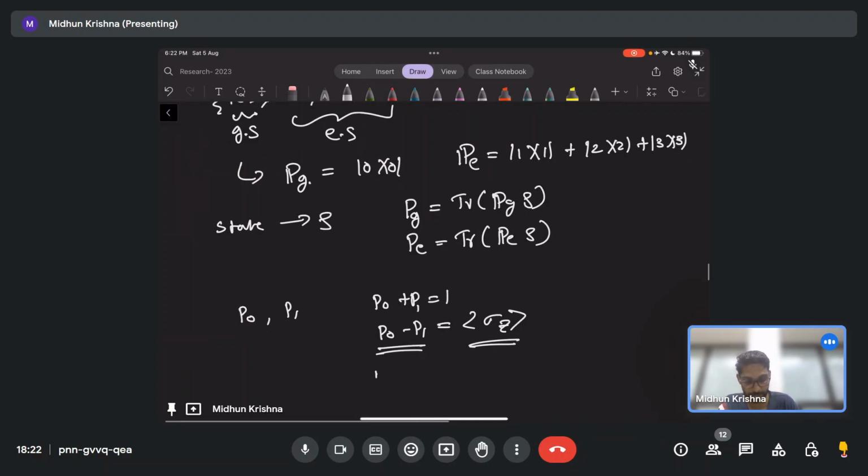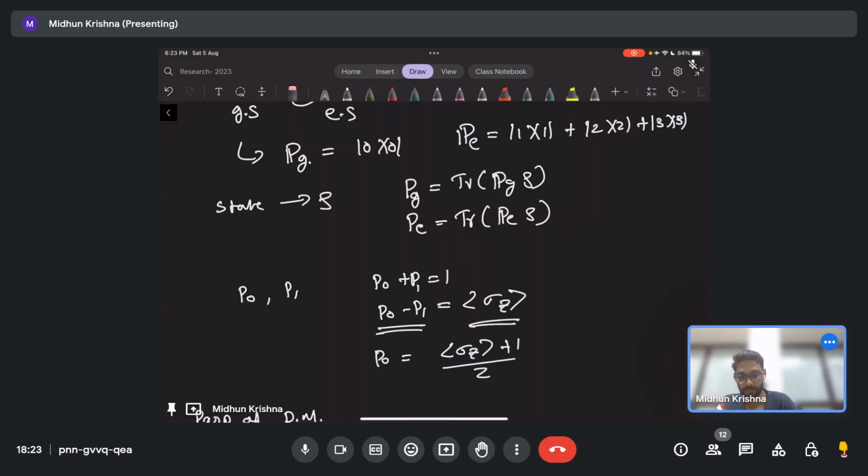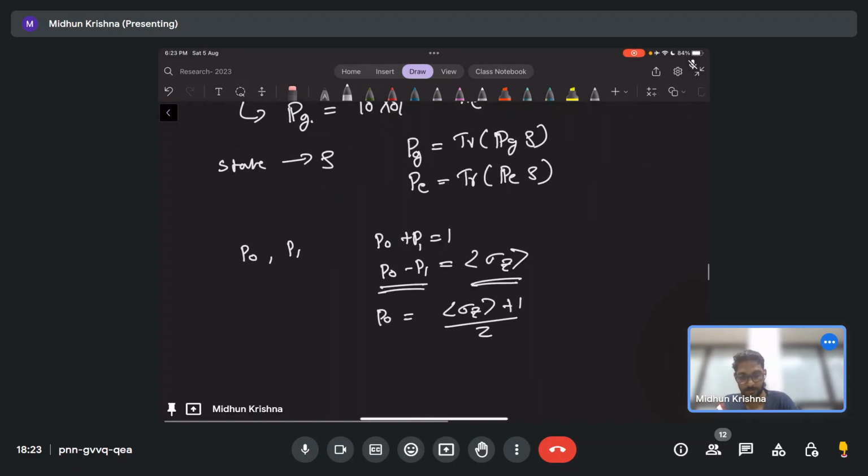So from this I can write P0 is sigma z plus 1 divided by 2, and P1 is 1 minus the expectation of sigma z divided by 2. So even if I'm looking for probabilities, experimentally what I would do is find expectation values of observables.